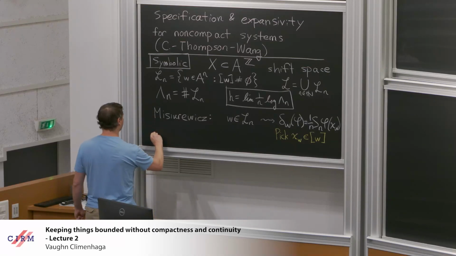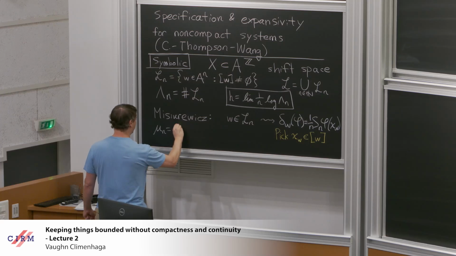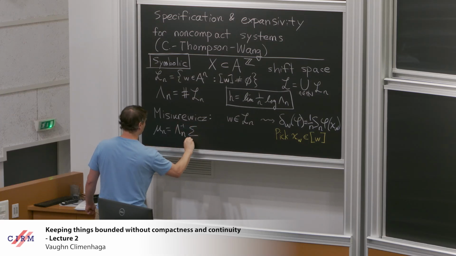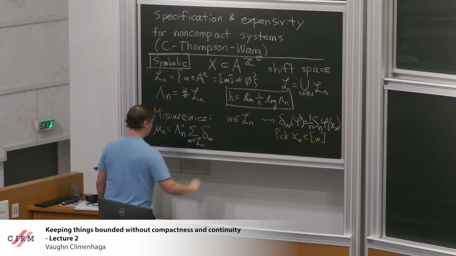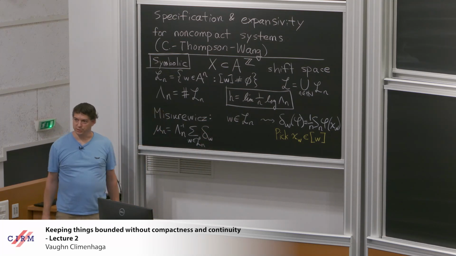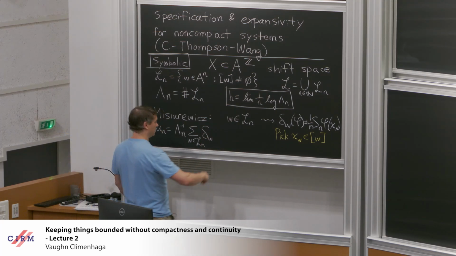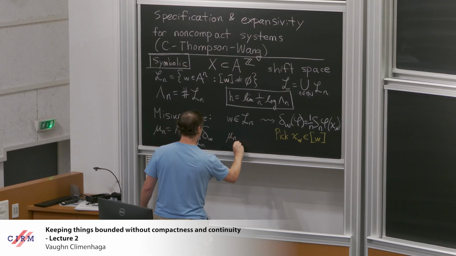So you pick some point in the cylinder, and you just do the empirical average along that point. And then you let mu n be the average over all words of length n of the corresponding measure. This gives you a sequence of probability measures which gets closer and closer to being invariant.